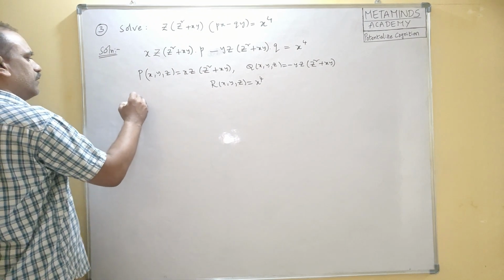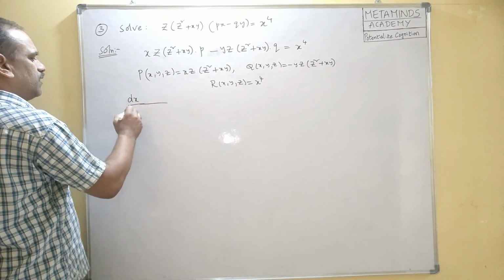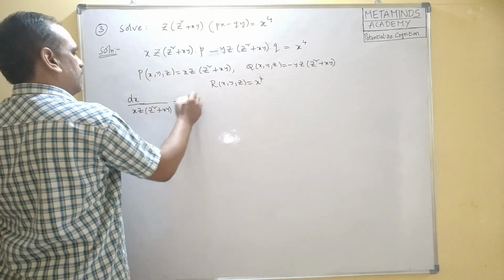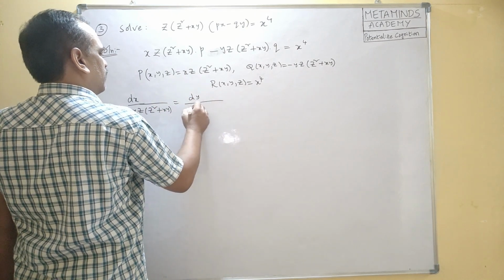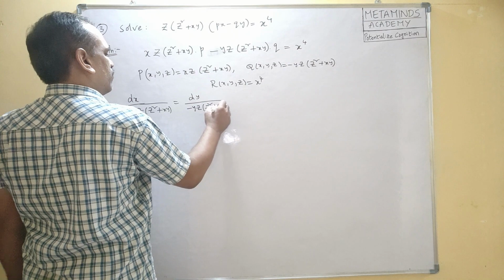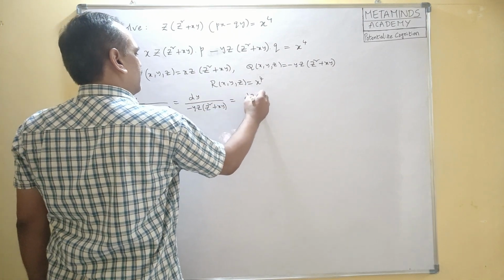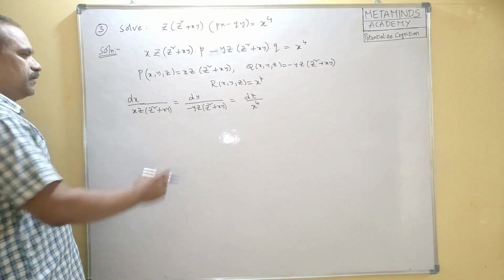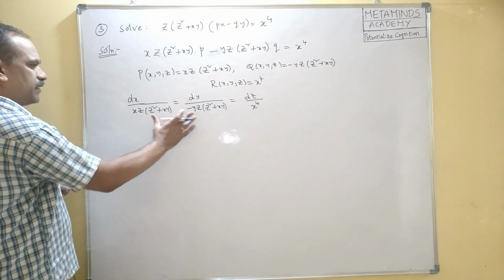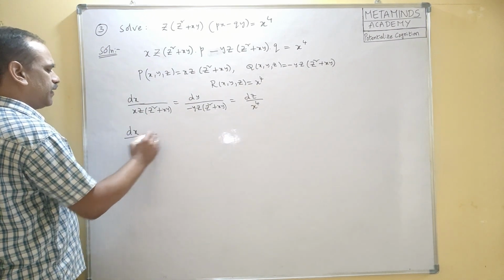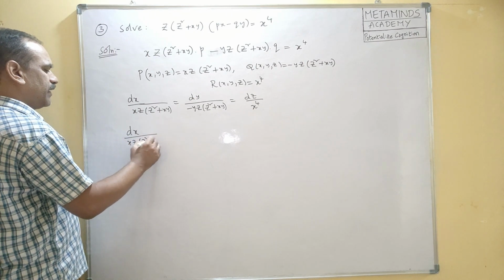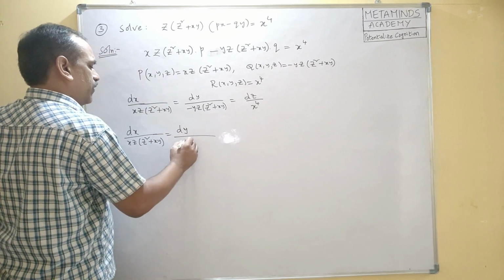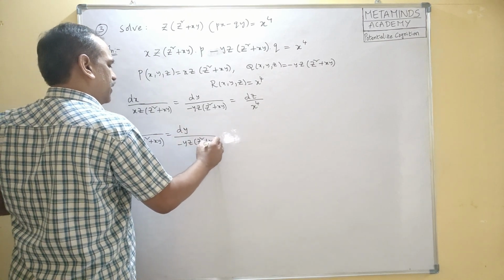Now we write Lagrange's auxiliary equations: dx/[xz(z² + xy)] = dy/[−yz(z² + xy)] = dz/x⁴. Now you take the first pair, the dx and dy combination: dx/[xz(z² + xy)] = dy/[−yz(z² + xy)].